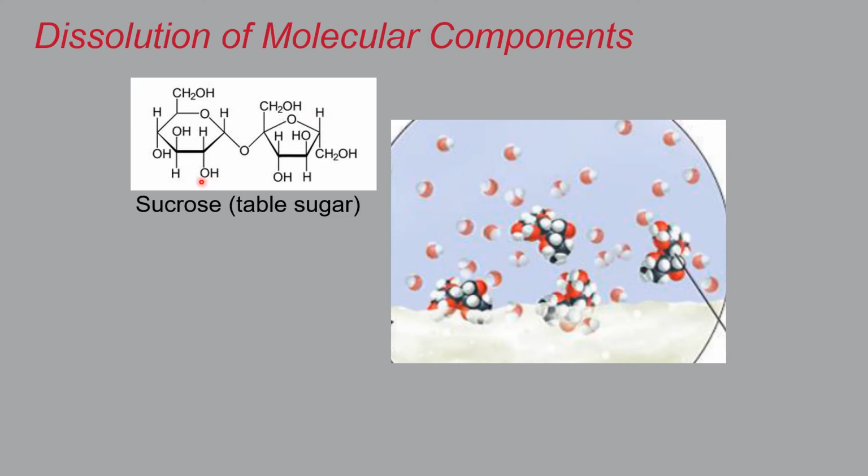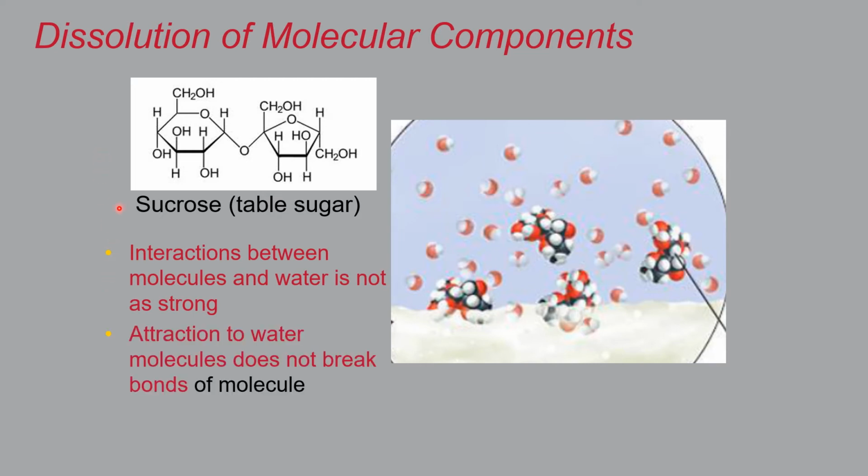Now this has a lot of oxygen-hydrogen bonds too, and those are quite polar like the water molecules are. So sucrose interacts with water fairly strongly, but the important thing is that it does not react strongly enough to break any of the bonds within any one sucrose molecule. The interaction is strong enough to separate the sucrose molecules from each other, but nothing further.